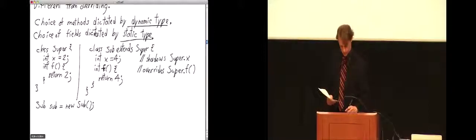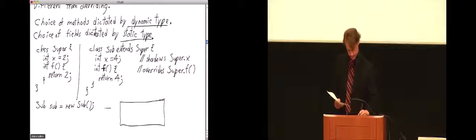So if I construct a sub-object, like that, well, here's my object. It's got two different fields called X. To distinguish them, I'm going to call one of them sub.x, and I'm going to call one of them super.x.